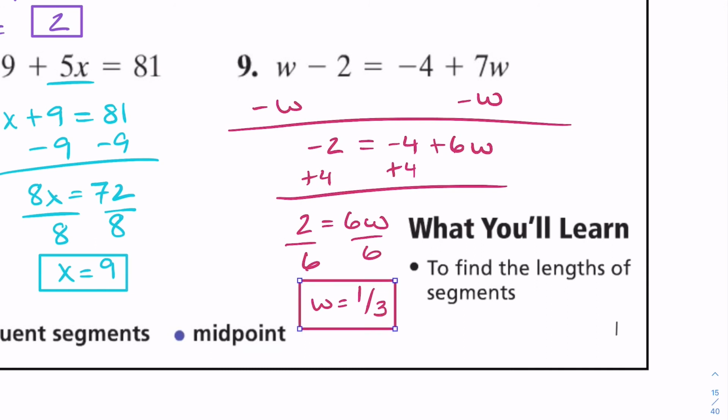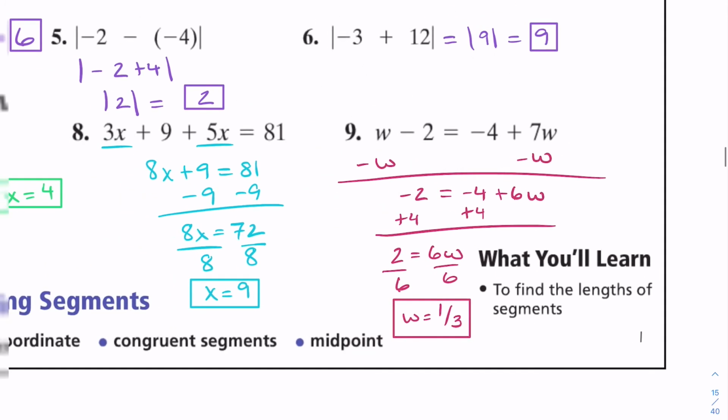All right, yeah, I got a fraction for that one. I'm going to check real quick. Let's see, 7/3. 7/3 is 2 1/3, so take away 4. Yep, that works out. Okay.